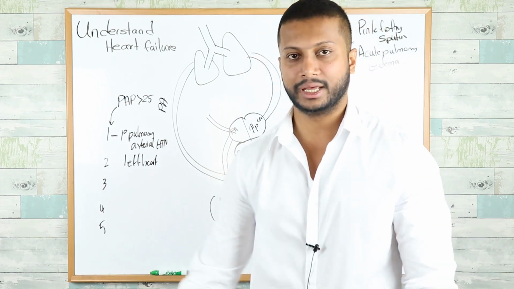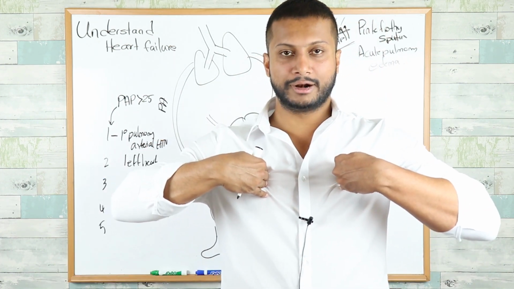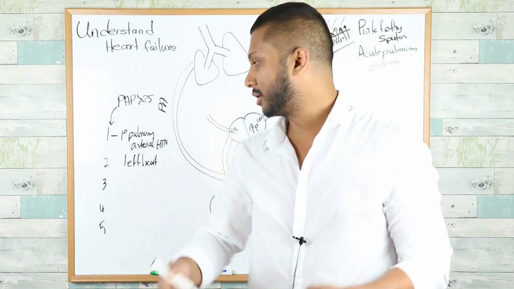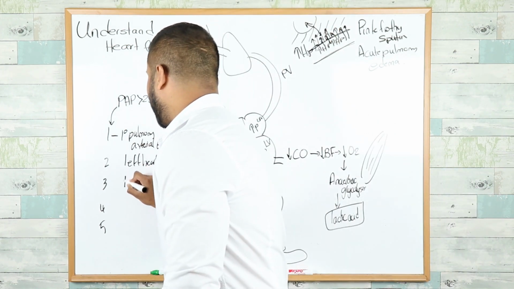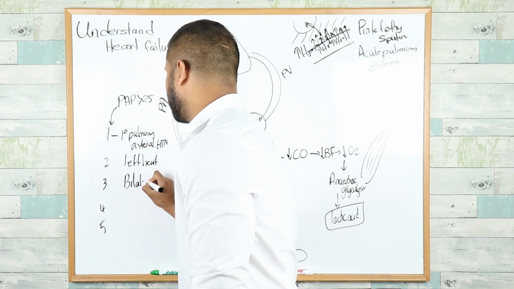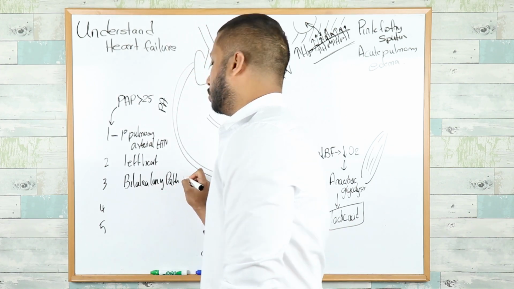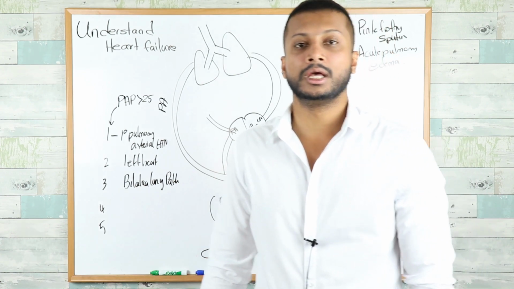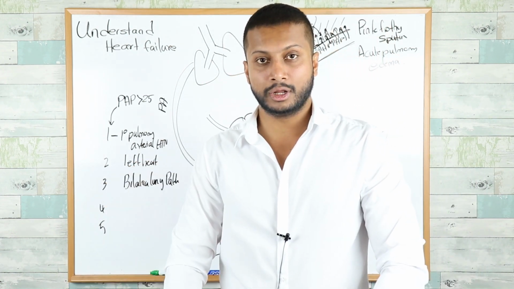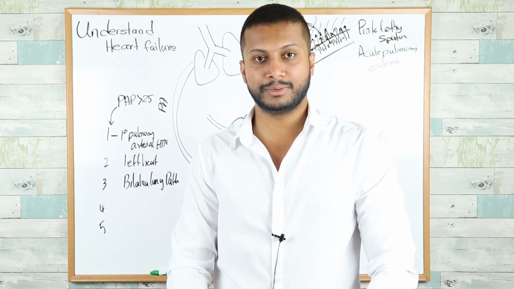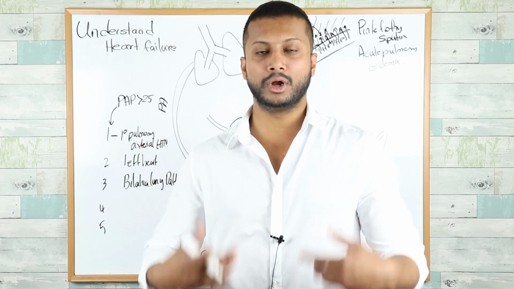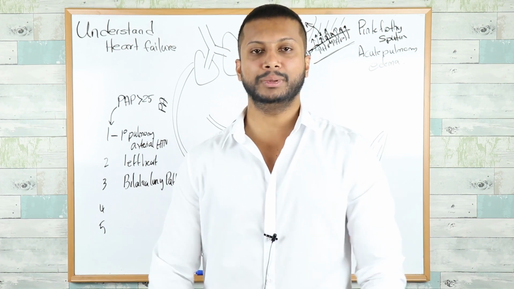Now what is class 3? It is both lungs. You're going to have bilateral lung pathology, and that pathology will lead to class 3 pulmonary hypertension. Class 4 is point down. When you point down, it essentially means thromboembolism, PEs, chronic PEs.